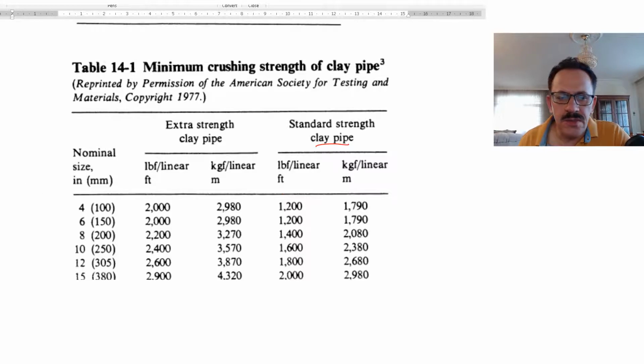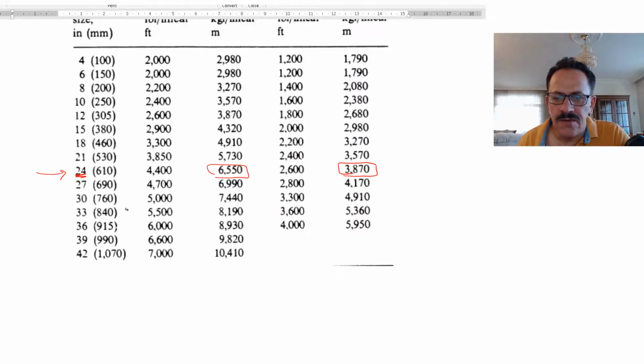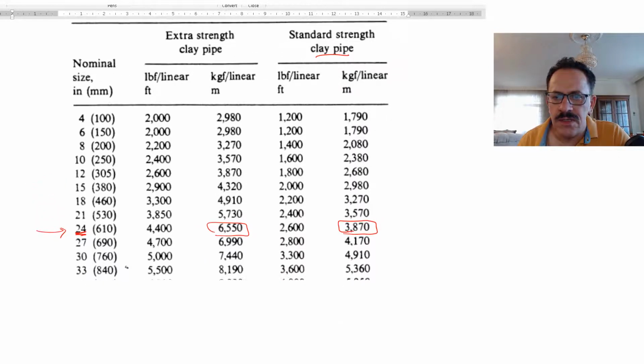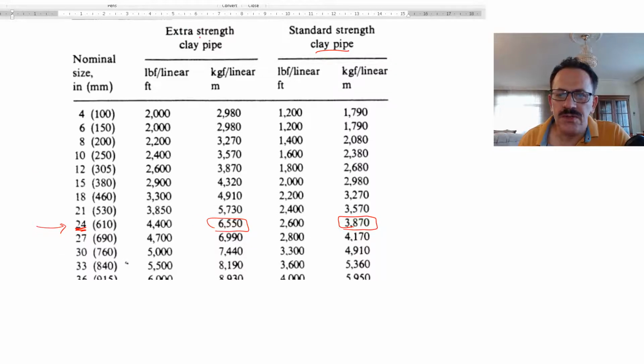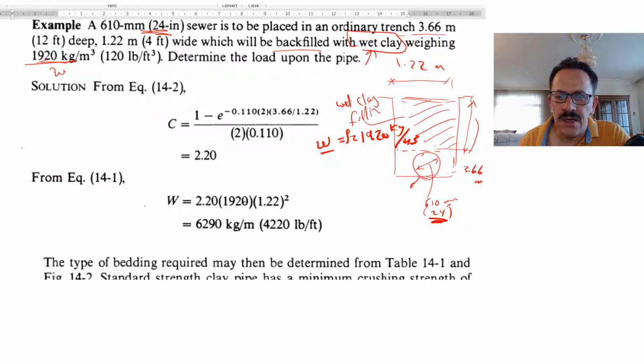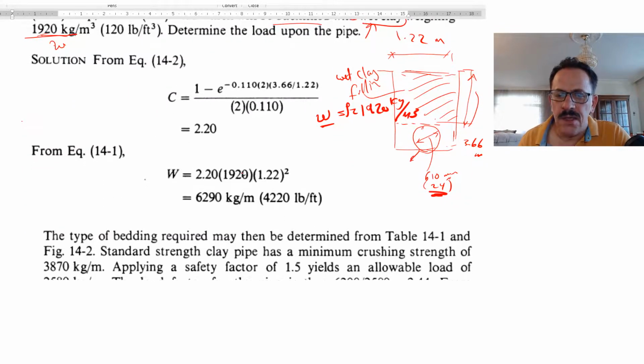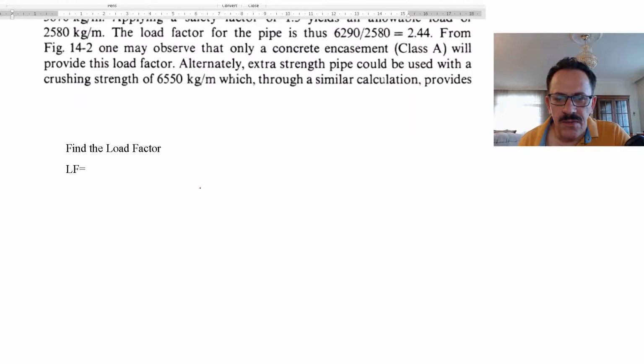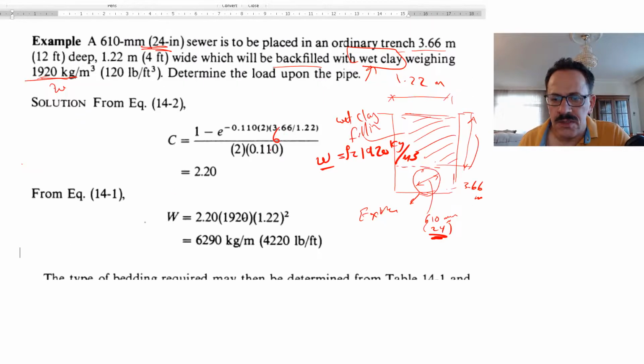So I'm assuming that if I'm using extra strength clay pipe, then this will be used for extra strength.